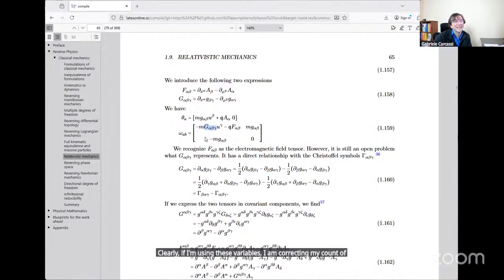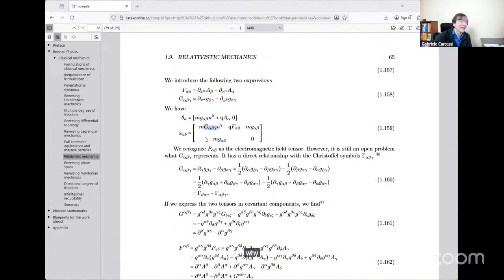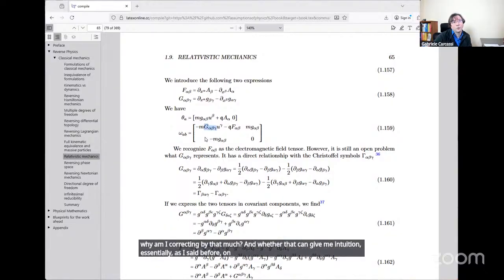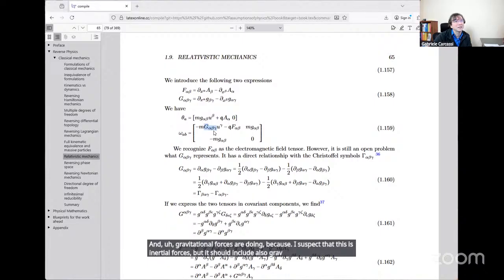So I want to understand exactly why I am correcting by that much, and whether that can give me intuition, as I said before, on what the gravitational forces are doing. Because I suspect that these are inertial forces, but it should include gravitational forces there too.